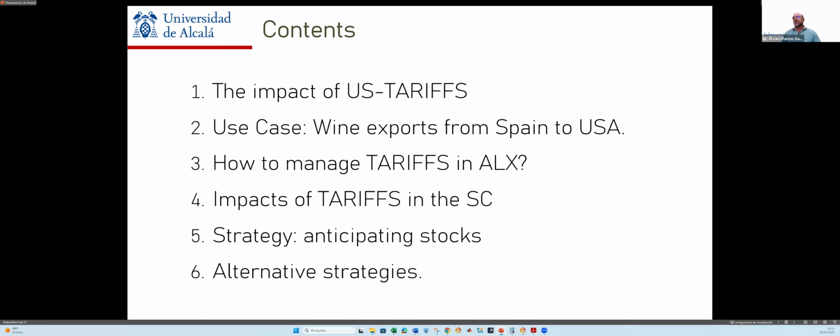Of course, it's not only about wine, but it's just to have a clear case to discuss these impacts. So we will also see some strategies for handling this, and these strategies have been discussed also in the press as real companies have taken some of these approaches already.